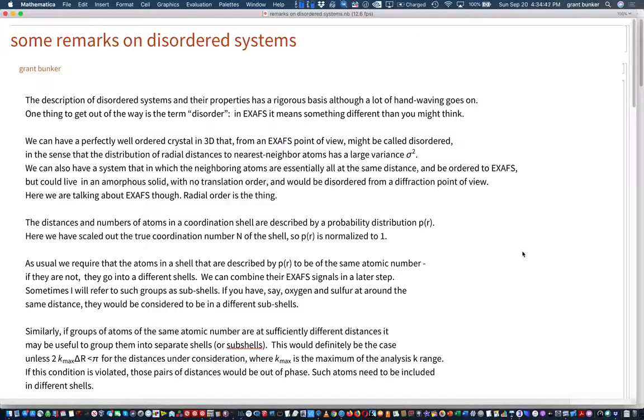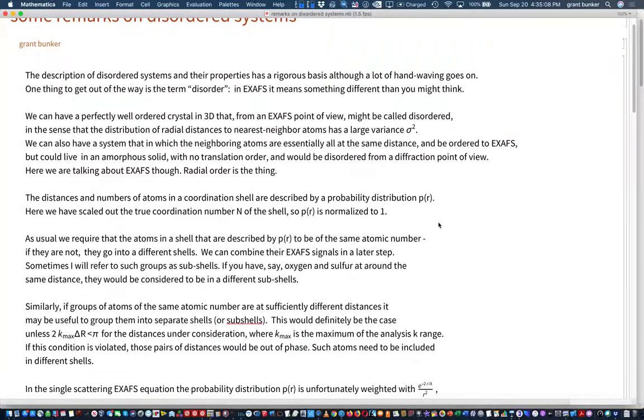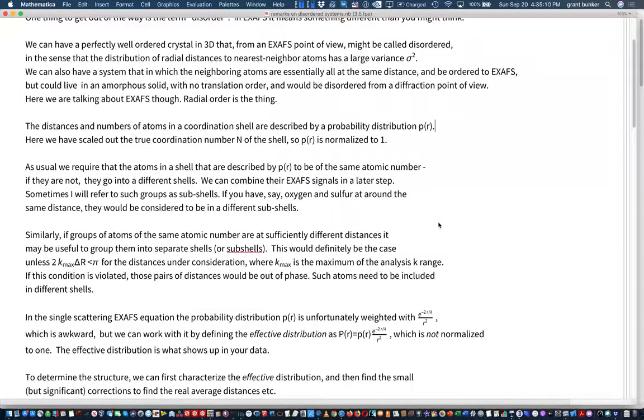We describe the distances and the numbers of atoms by a probability distribution, p of R, little p. Here we've divided out the coordination number of the shell, so little p is normalized to 1. This is based on a paper I wrote in 1983 as a student, but it's still quite useful.